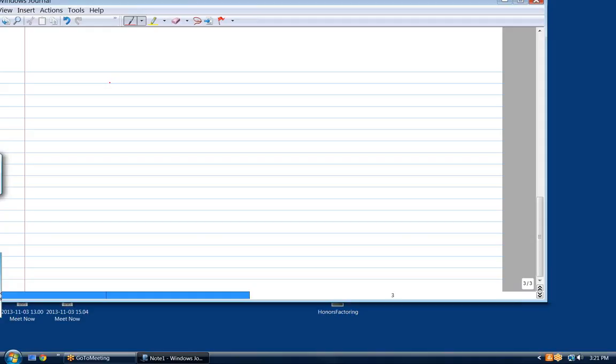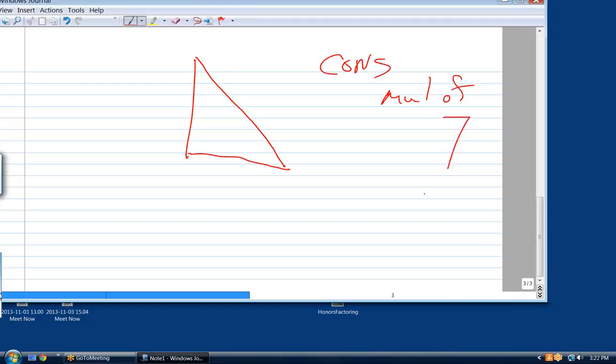Okay, well, there's two I want to work on, so I'll start with the first one. The lengths of three sides of a right triangle are consecutive multiples of 7. Determine the area and perimeter of the triangle. So, it's like 7, 14, 21 could be a possible answer.